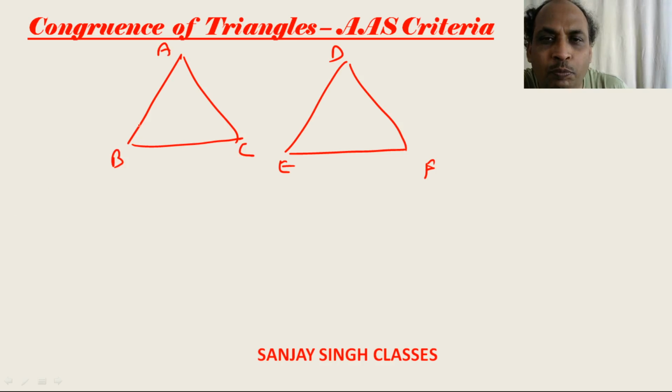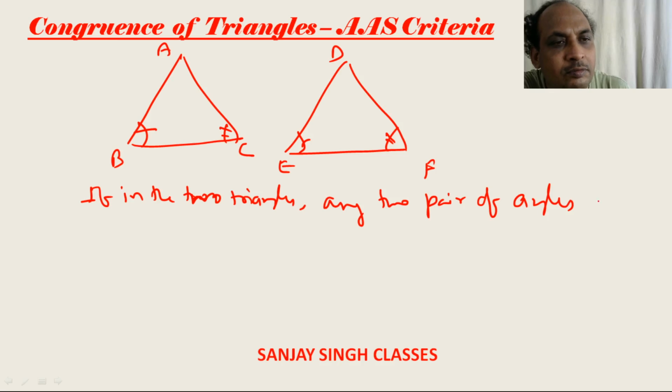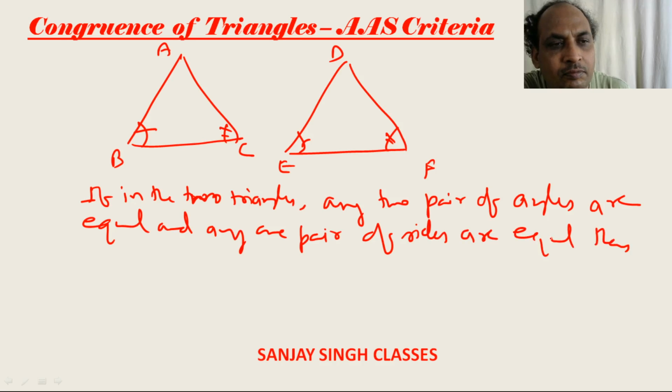In this, any two pair of angles are equal and any one pair of sides are equal, in the two triangles, then the triangles can be said as congruent.